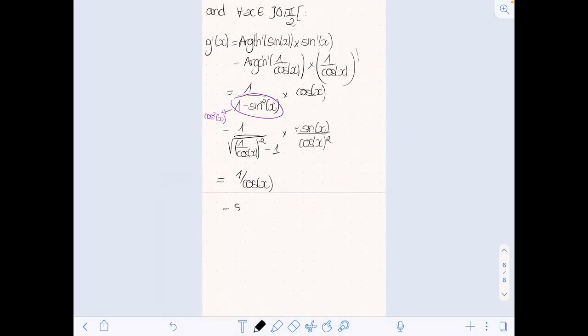Then we've got to deal with the second one, which is, I think, slightly more annoying. So if we rewrite things, we've got sine of x divided by cosine of x squared. And so what we need is for this term to simplify to something like cosine of x divided by sine of x. And it should do if we rewrite it. So what we get is 1 divided by cosine squared of x minus 1. And what we can do is basically multiply this term and this term by cosine.